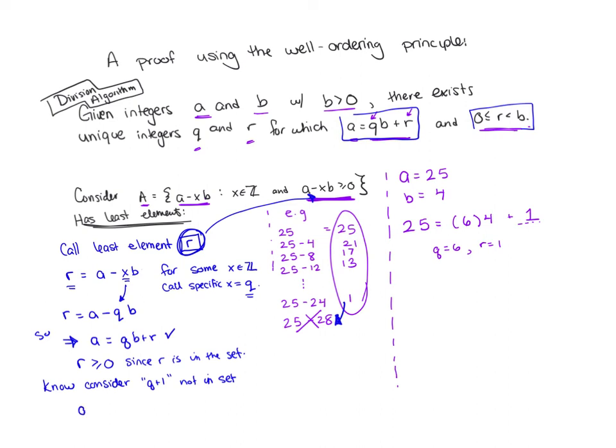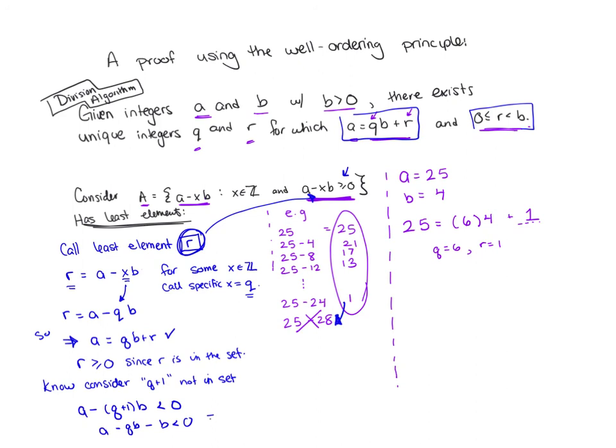So if I consider a minus (q plus 1) times b, that's not in the set, so that can't be greater than or equal to 0, so it's got to be less than 0, which means that a minus qb minus b is less than 0. Oops, I drew the wrong letter here. Let's fix that.